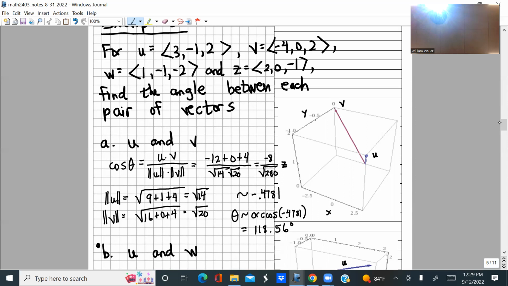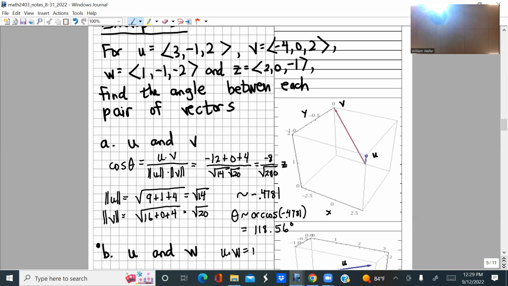Yeah. Okay. Right. So sometimes I'll say times, but I should say dot product, because we're going to have another product of two vectors that's different than the dot product.